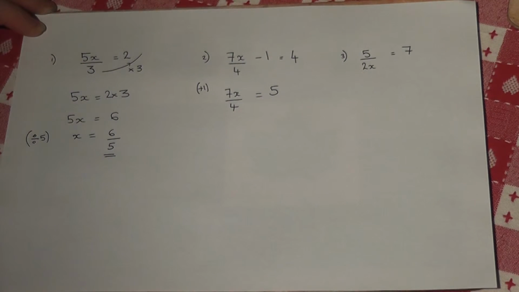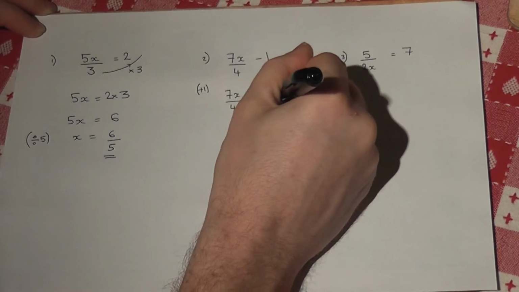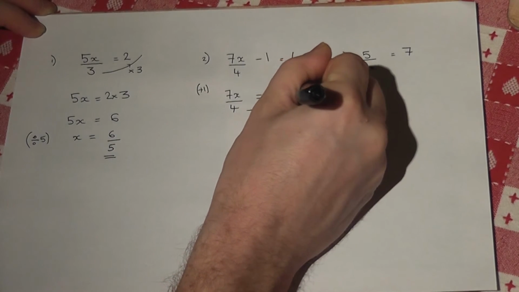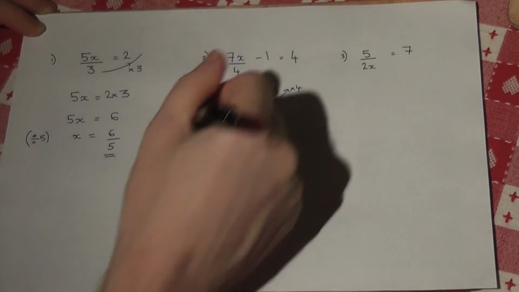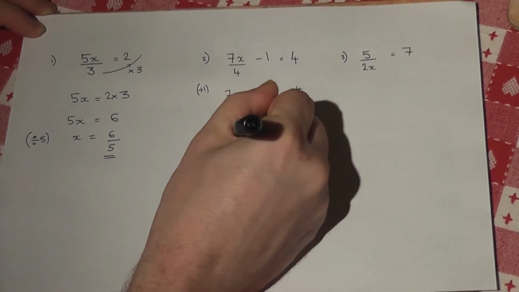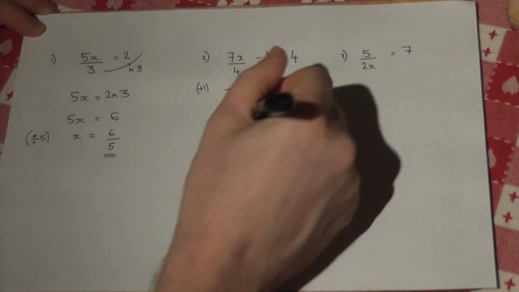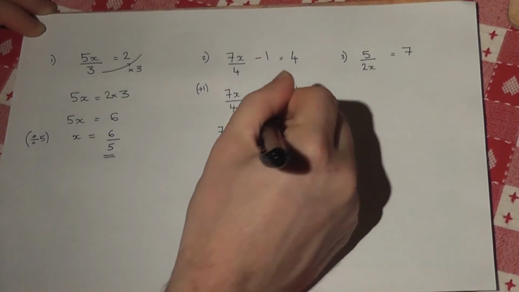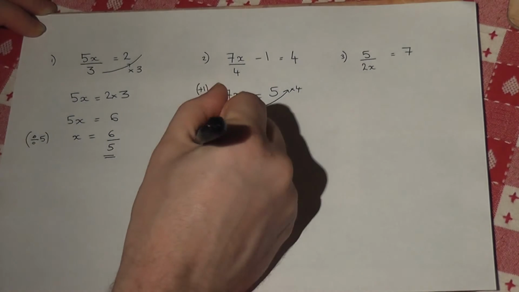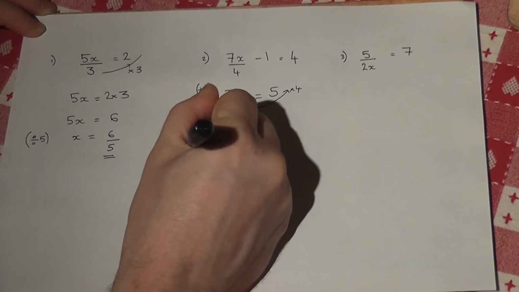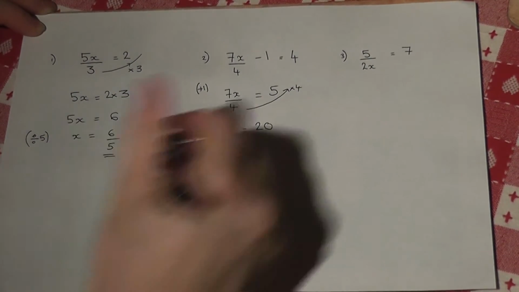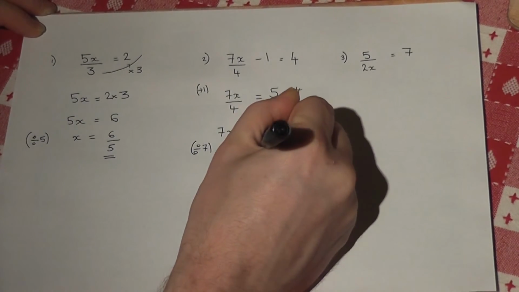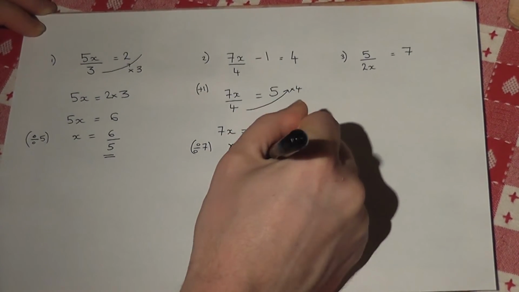We're now back to the same style of equation, so I can times up by the 4, so I'm left with 7x equals 5 times 4 equals 20. I then finish off by dividing by the coefficient of x, which is 7, so x equals 20 over 7.